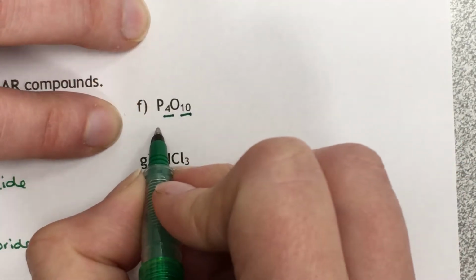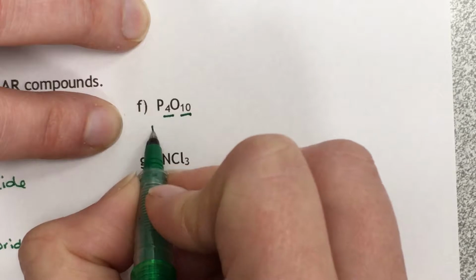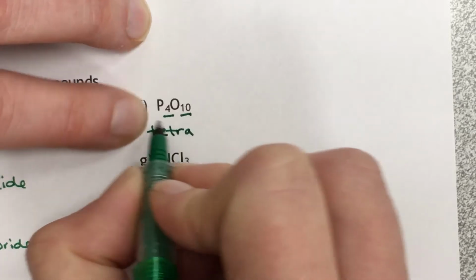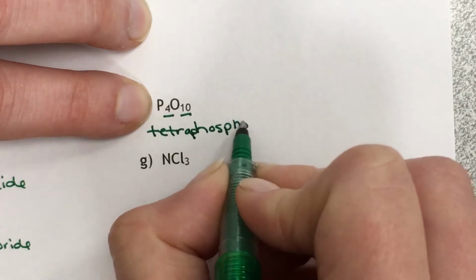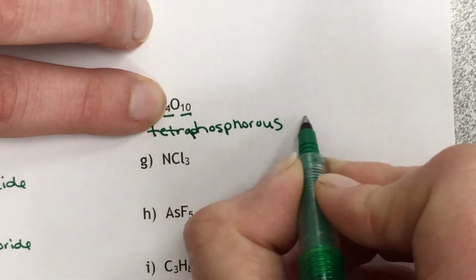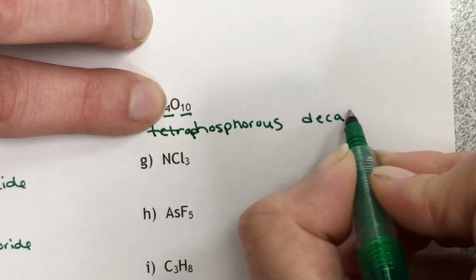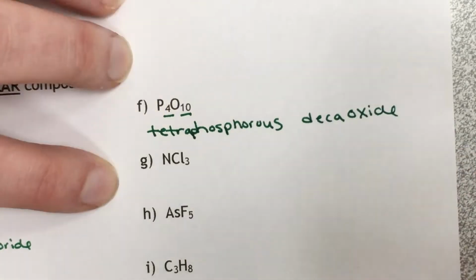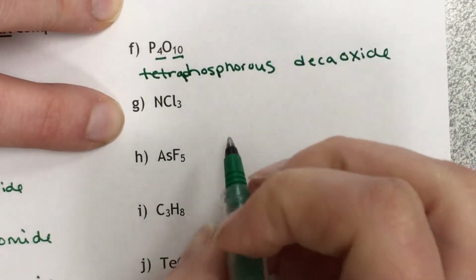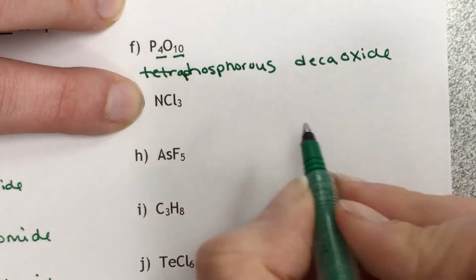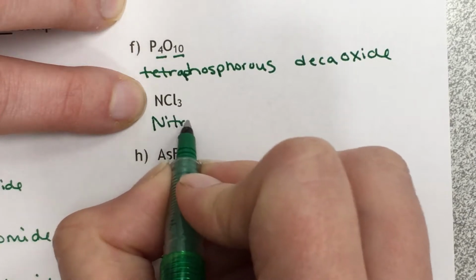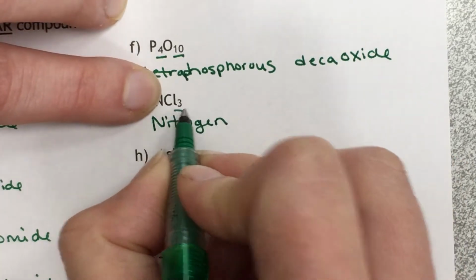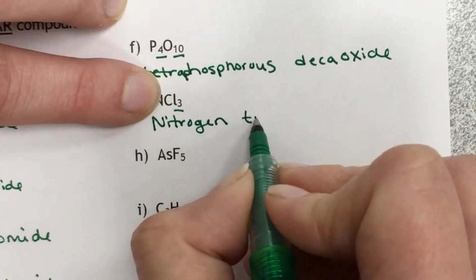So you just write their name. We have tetraphosphorus decaoxide. Then we have nitrogen, but we don't put mono because it's the first one. So we would just say nitrogen. We have 3. The prefix of that is trichloride.